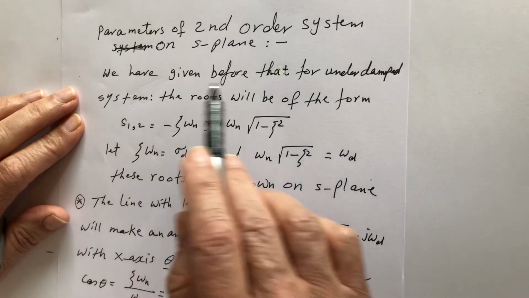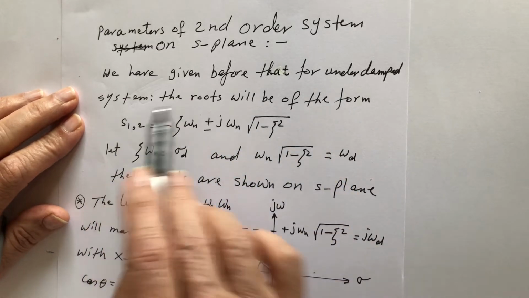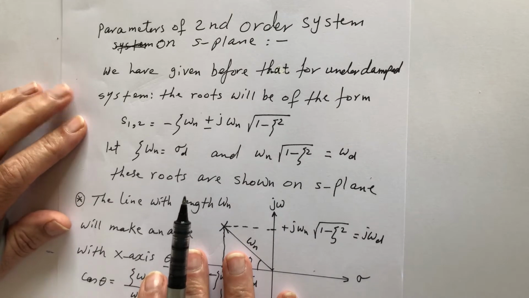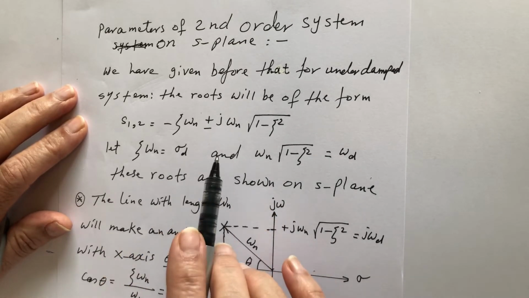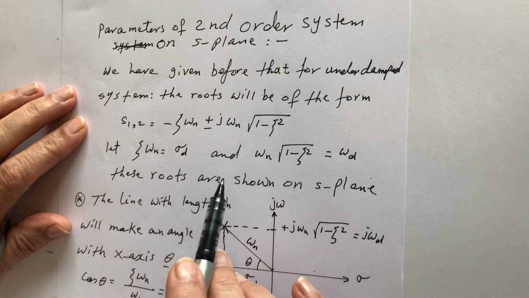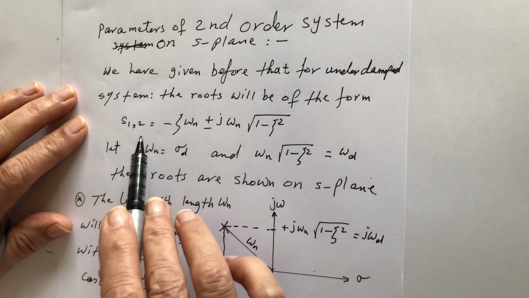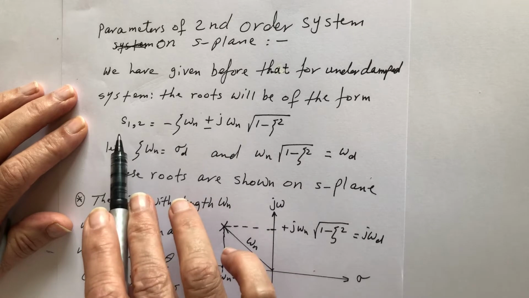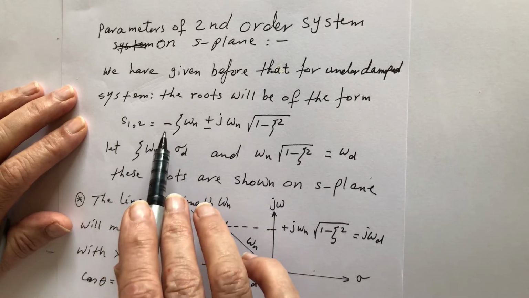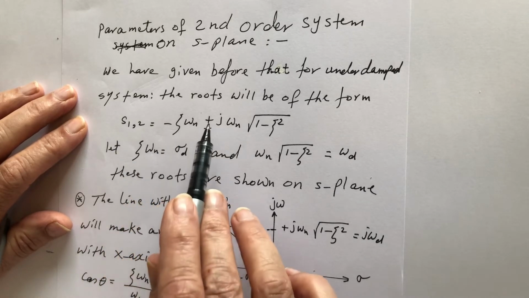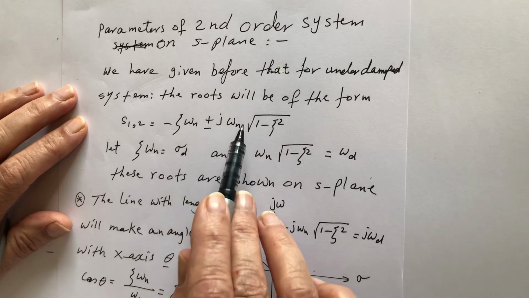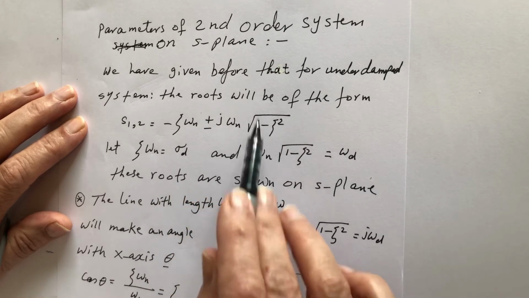And you remember that I said that for an underdamped system, the roots will be like that. So we take the underdamped as a standard case because it's more commonly used in real life. The roots will be S1 and S2, since it's a second order system, so we have two roots, equal to minus zeta omega n plus or minus j omega n times the square root of 1 minus zeta square.